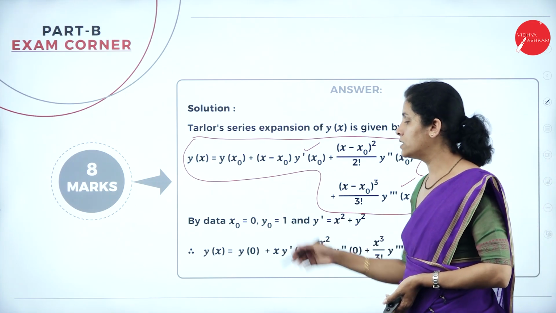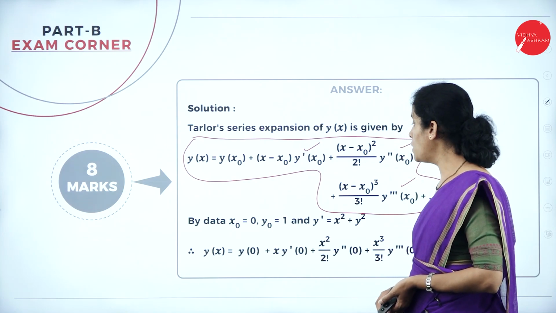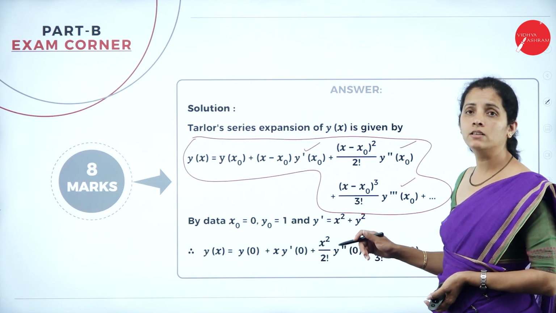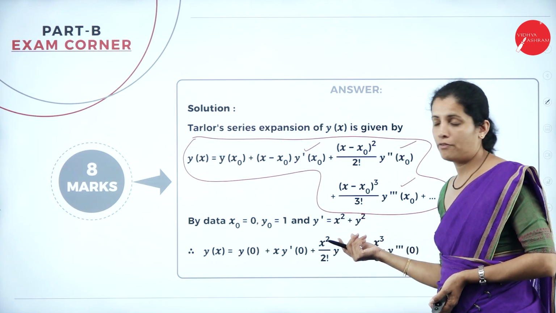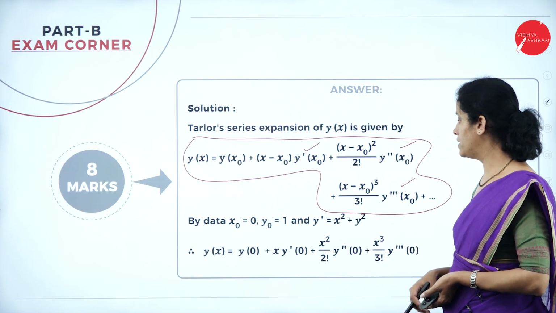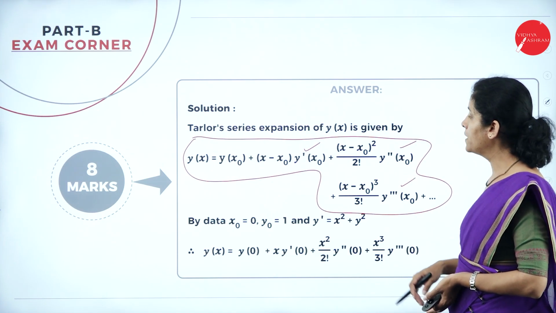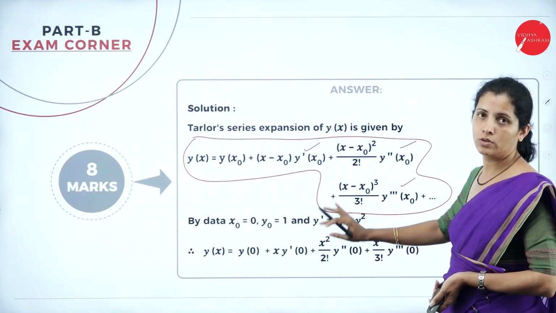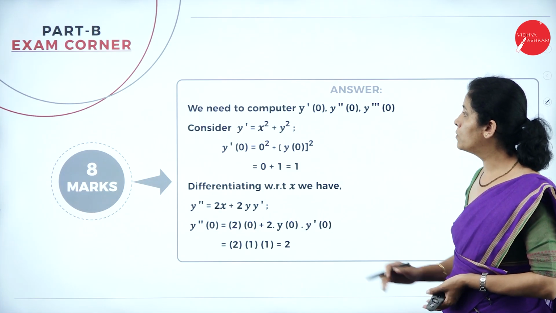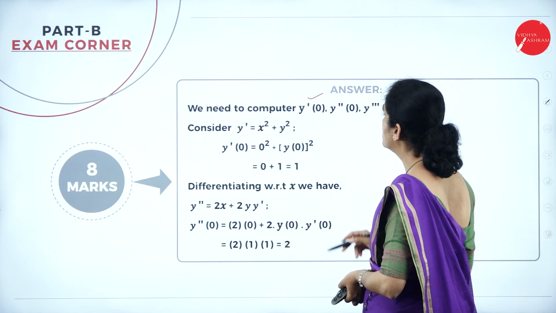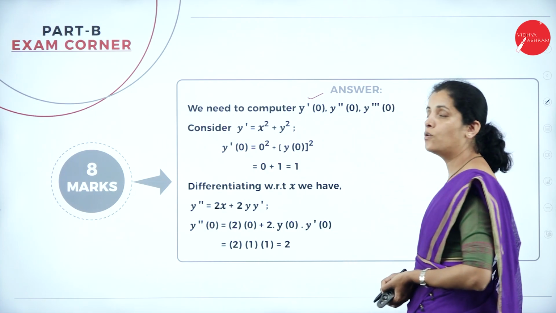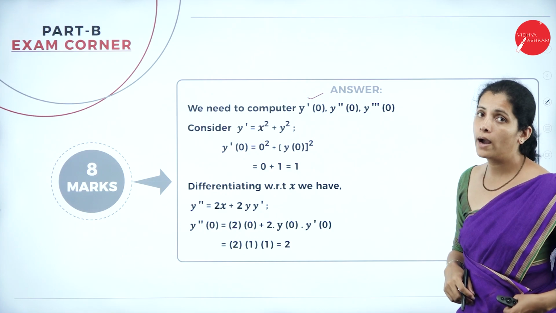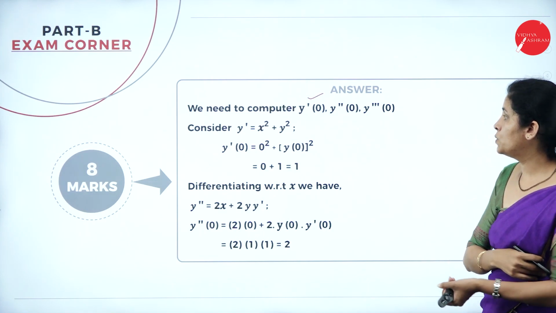So x naught is 0, y naught is 1 and y dash is nothing but the function itself, or the equation itself. Now, I'm going to simplify the formula. I need to find out y dash of 0, y double dash of 0 and y triple dash of 0.